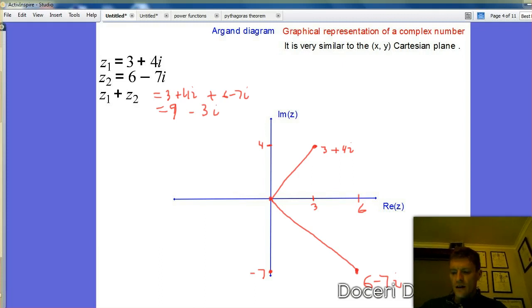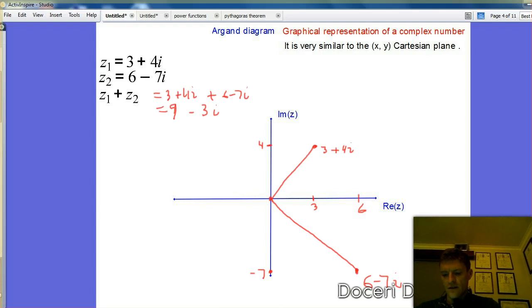Okay, now that number is a lot higher out of our domain at the moment, so 9 on the real axis will be as far out as about here, and the negative 3 can be maybe down here.